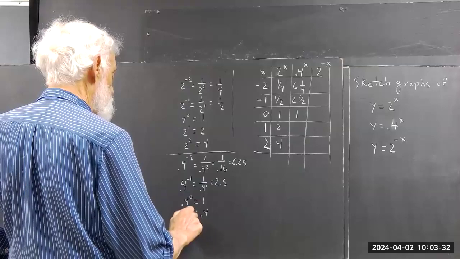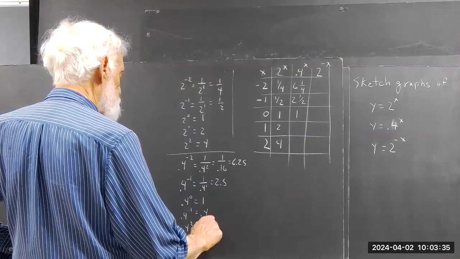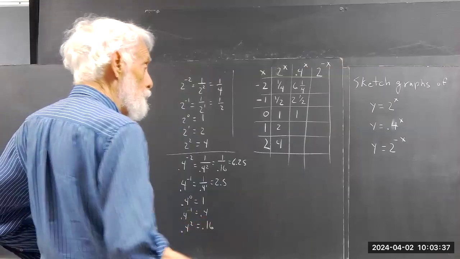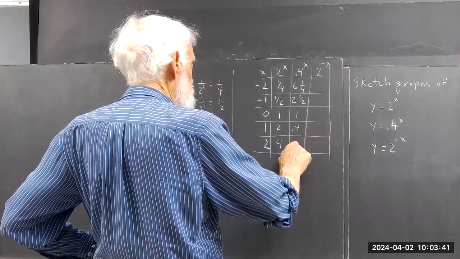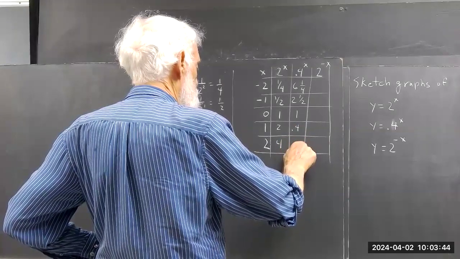And 0.4 squared equals 0.4 times 0.4, which is 0.16. So you get 0.4 here and 0.16 here.